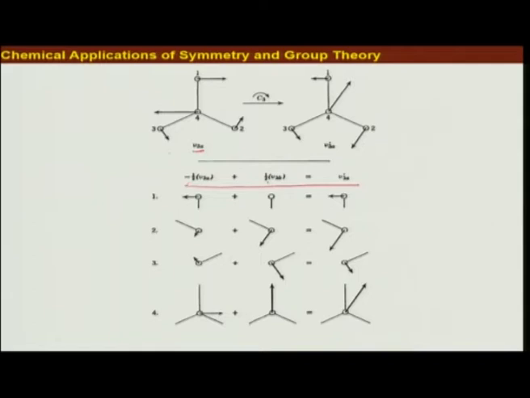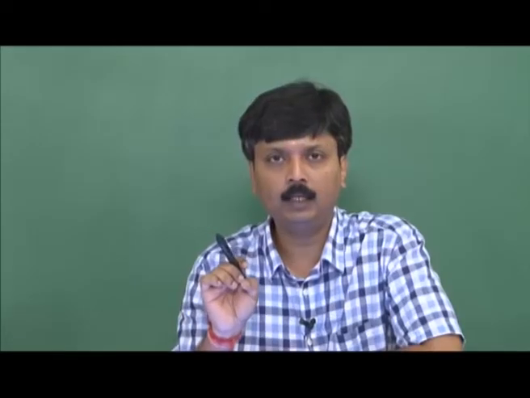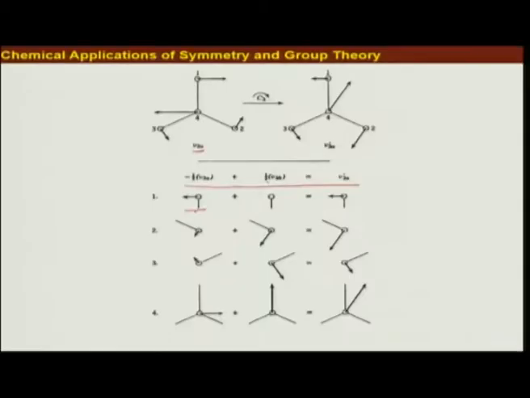If we say that minus half of nu 3A plus half of nu 3B is equal to nu 3A prime, this is a linear combination. So what is minus half of nu 3A? That is this one. If you take the original structure, the arrow, and apply this minus half on that, you will get this structure. Similarly, plus half of this nu 3B will give you this.